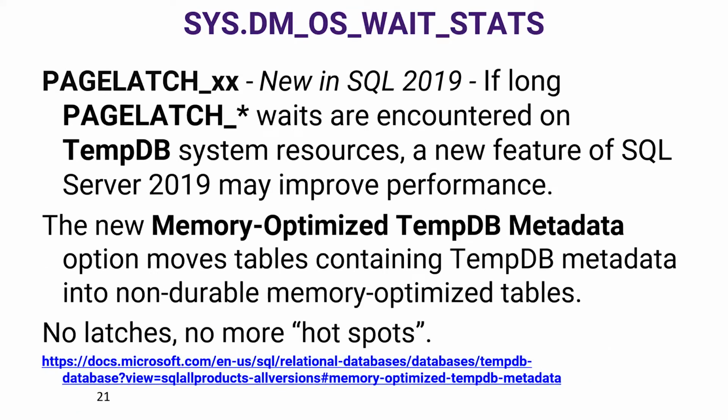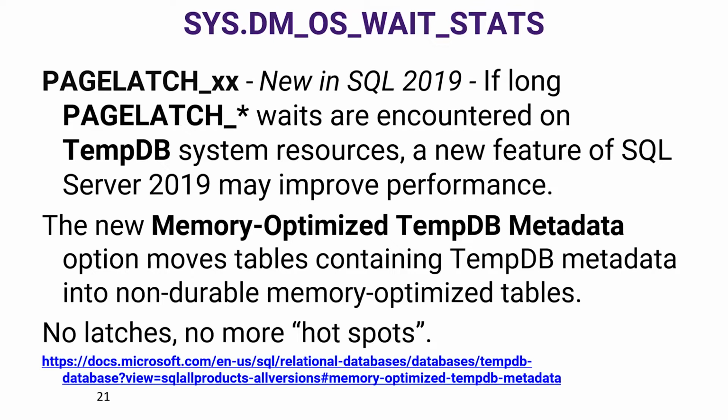Another new feature in SQL 2019 that is coming, if you see a lot of page latch waits encountered on tempdb system resources, and you can always look and see, especially in the sessions and requests, which we're going to look at later, what wait is incurring, what resource is incurring that wait. If you see a lot of these type of waits on tempdb system resources, a new feature of SQL 2019 may improve performance, and it's called memory optimized tempdb metadata.